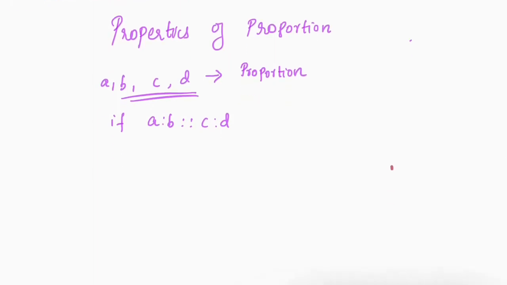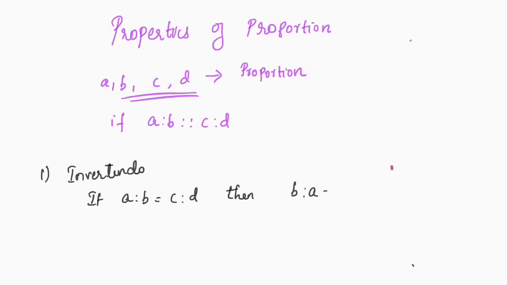Coming to the first property, the first one is invertendo. According to this property, if A is to B equals C is to D, then B is to A equals D is to C. Just have a look at what we have done here.